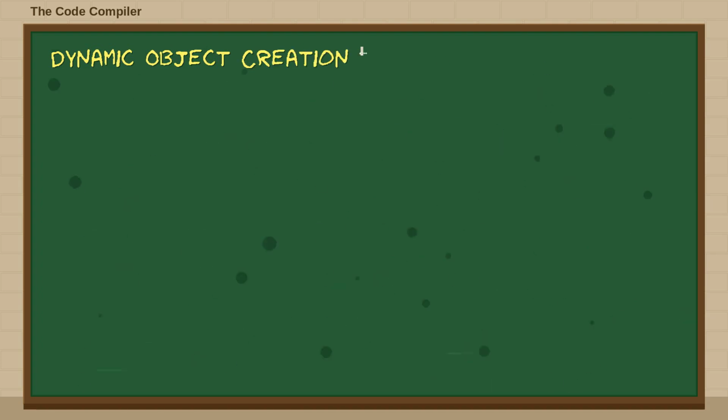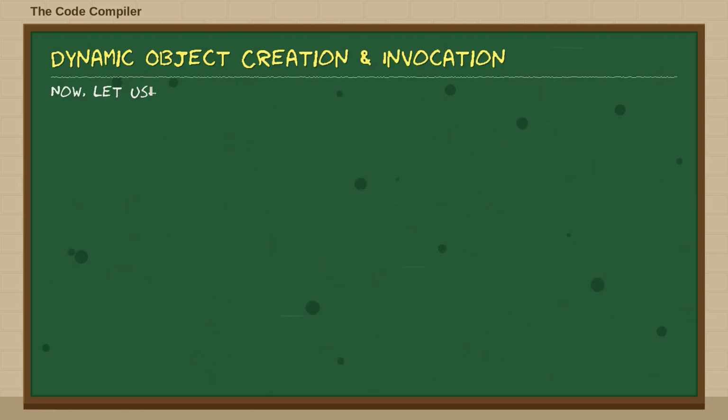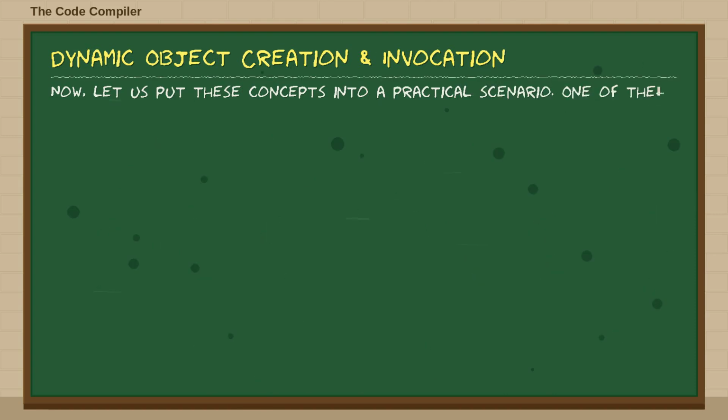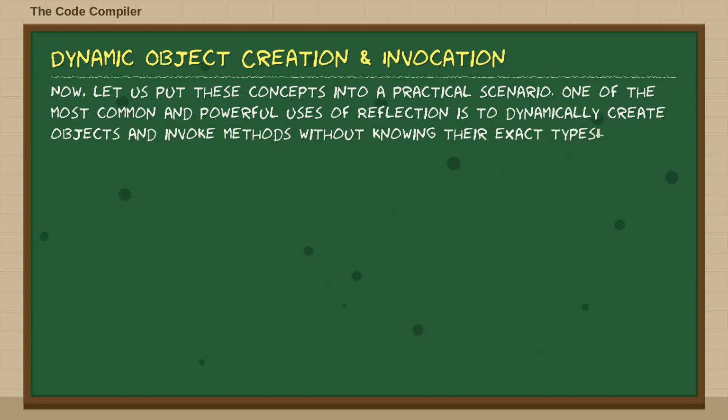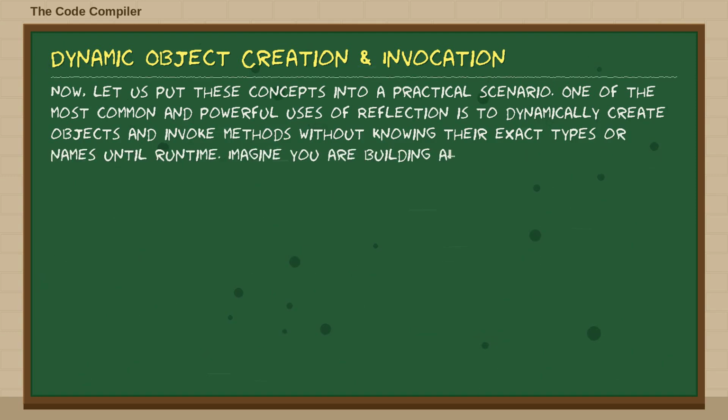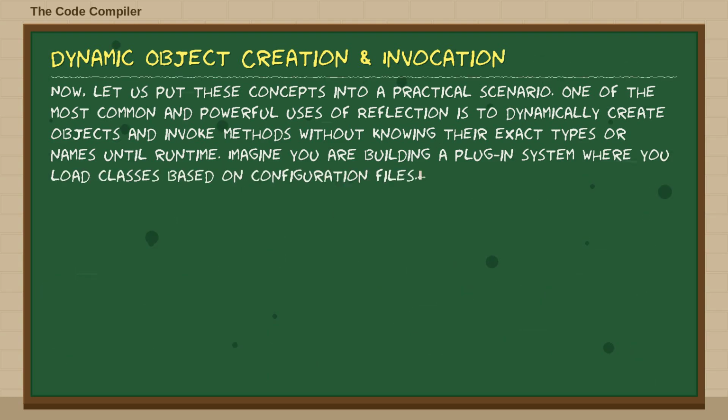Now, let us put these concepts into a practical scenario. One of the most common and powerful uses of reflection is to dynamically create objects and invoke methods without knowing their exact types or names until runtime. Imagine you are building a plugin system where you load classes based on configuration files.